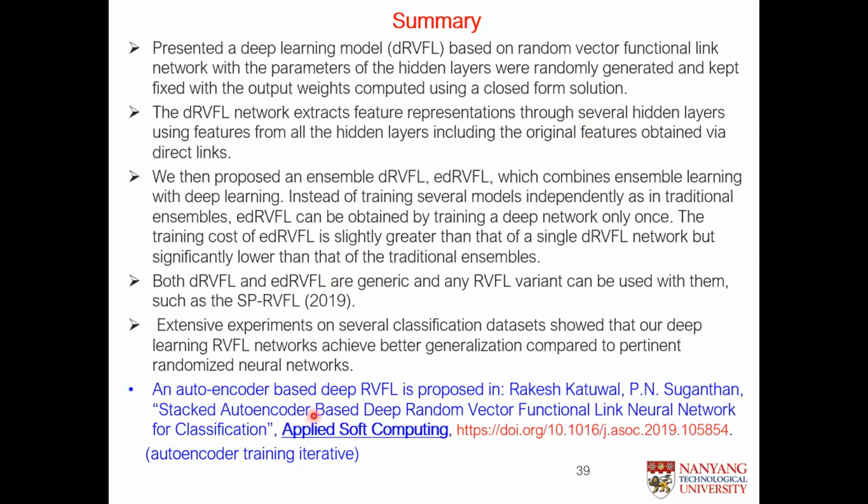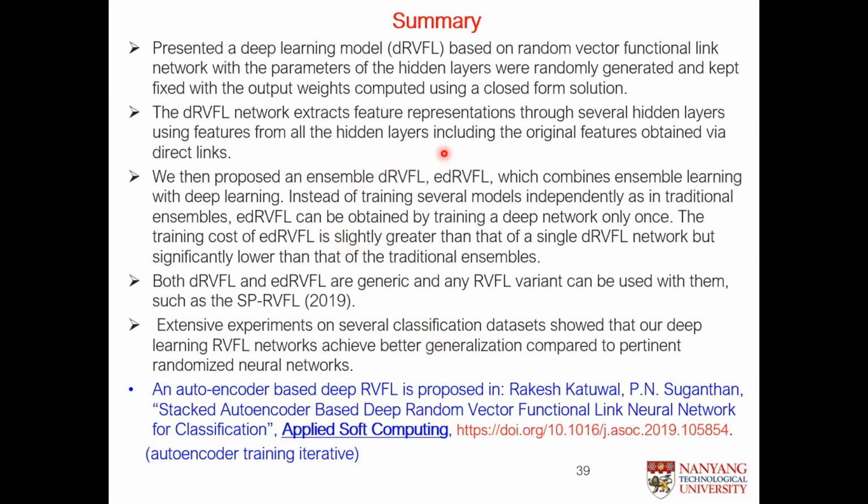We also have another version based on autoencoders, stacked autoencoder based deep RVFL. This one was published in Applied Soft Computing in 2019. But remember, autoencoder training is iterative. Whenever we have autoencoder training, it is going to be an iterative one, not the closed form one here.